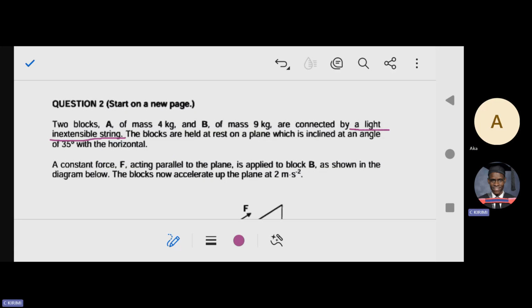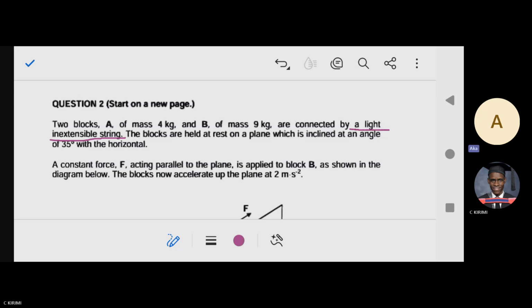But with that string, they are just telling you to ignore the weight of the string. Whenever you see that statement, you just ignore the mass of the string, not of the blocks.